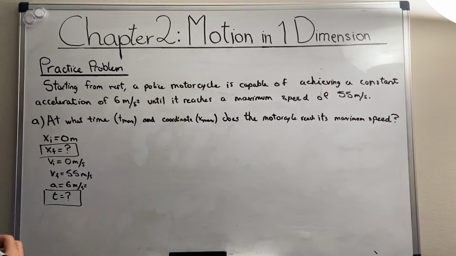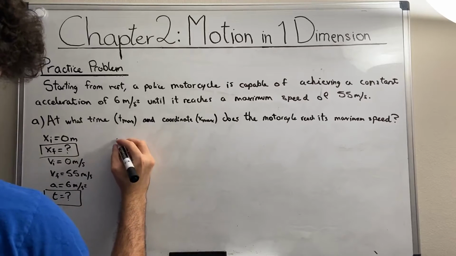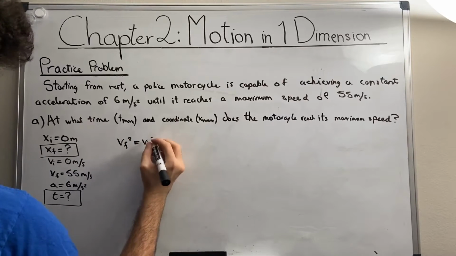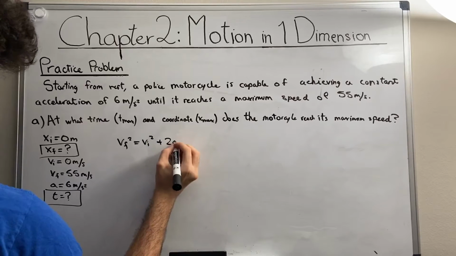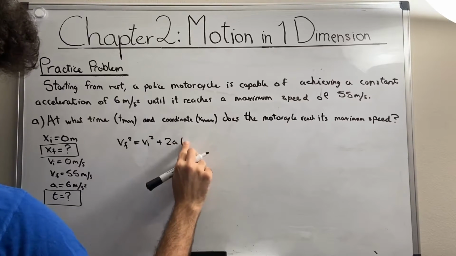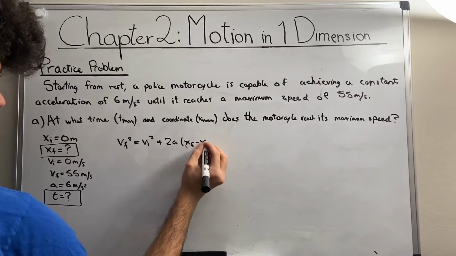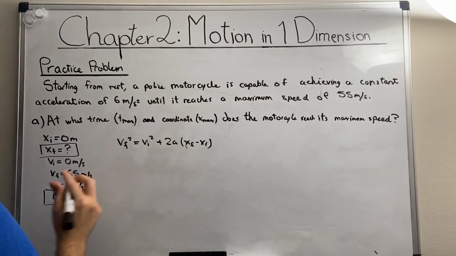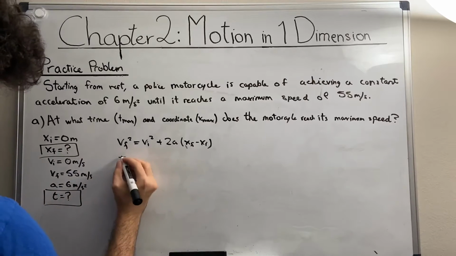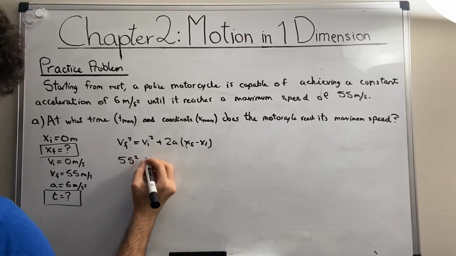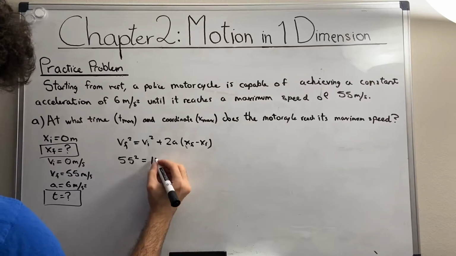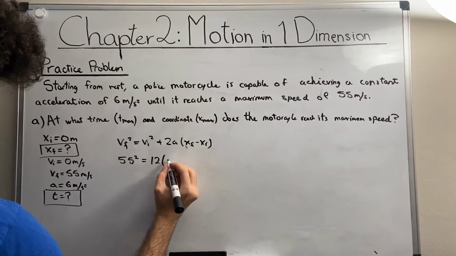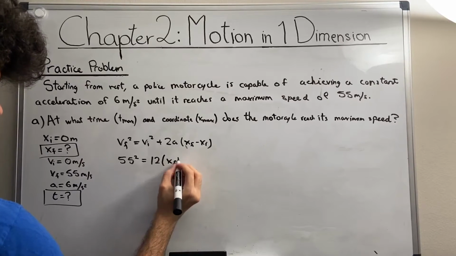So for the final position, we'll use the final velocity squared is equal to the initial velocity squared plus 2a times x final minus x initial. So, what can we do here? We can just input the values that we do know. The initial is 0, so we can just input x final here.